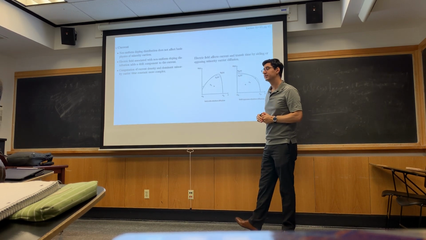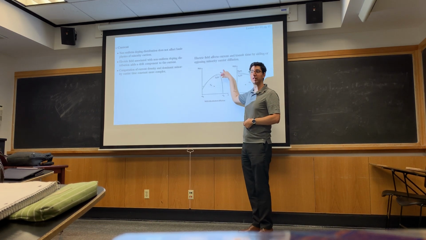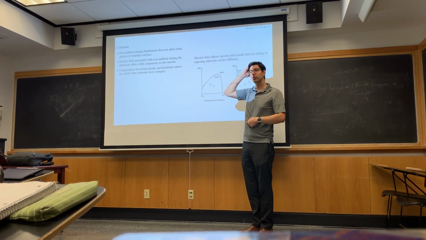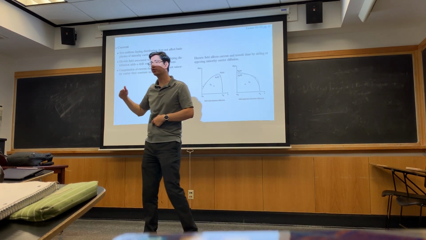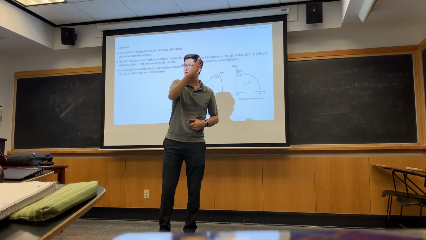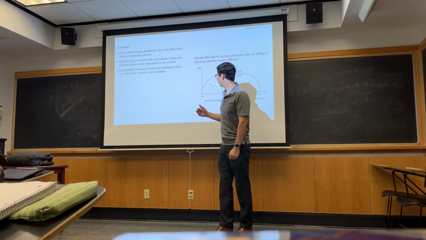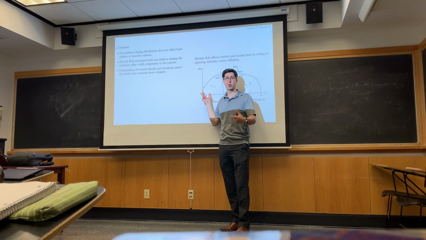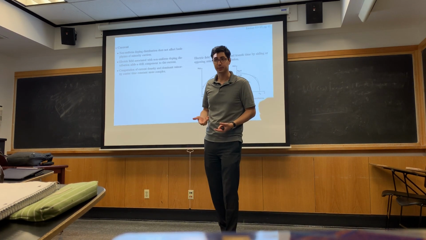What that means is, now when we inject a minority carrier on the P side, not only is its velocity going to be its diffusion velocity, but it's going to have an additional component due to drift. So before we assumed the quasi-neutral regions were quasi-neutral, that there was very little electric field there.